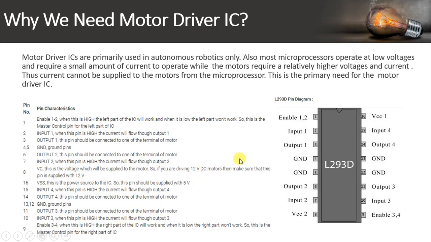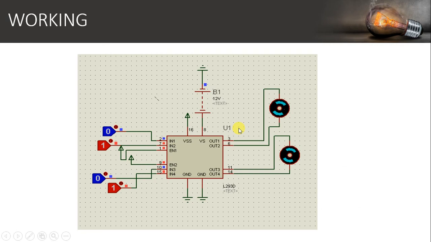So now I'll explain the working of the IC, how it will work. Here I'll give toggle switches on 2, 7, 10 and 15, and for enabling the left and the right hand side of the IC, I'll give power supply to 1 and 9.